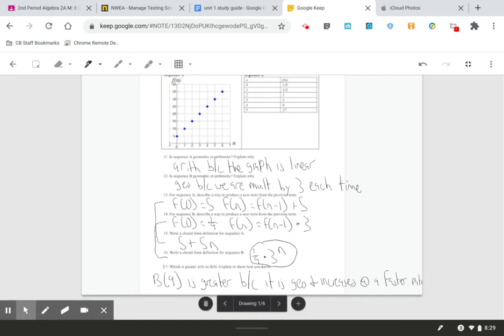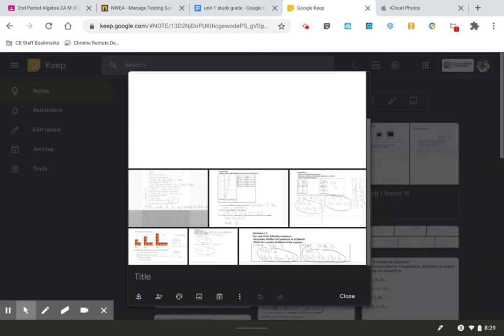So sequence B has the bigger term 9 because it's geometric and thus will increase at a faster rate. Okay, that is it for that group of questions.